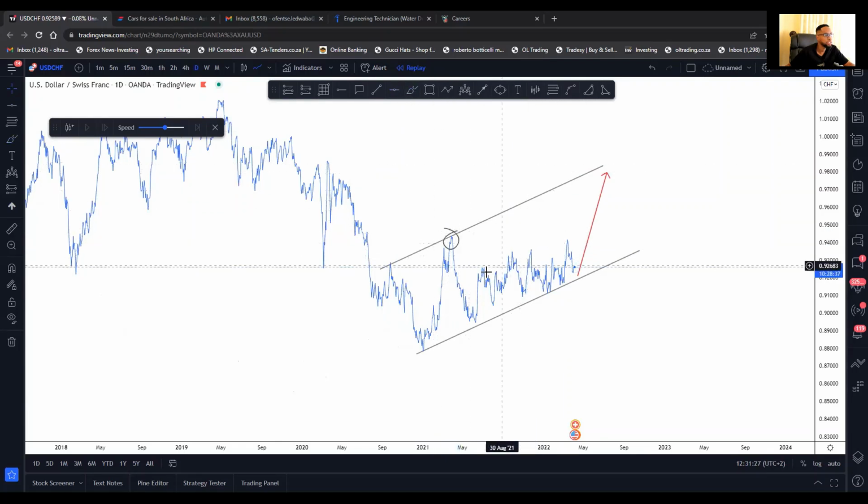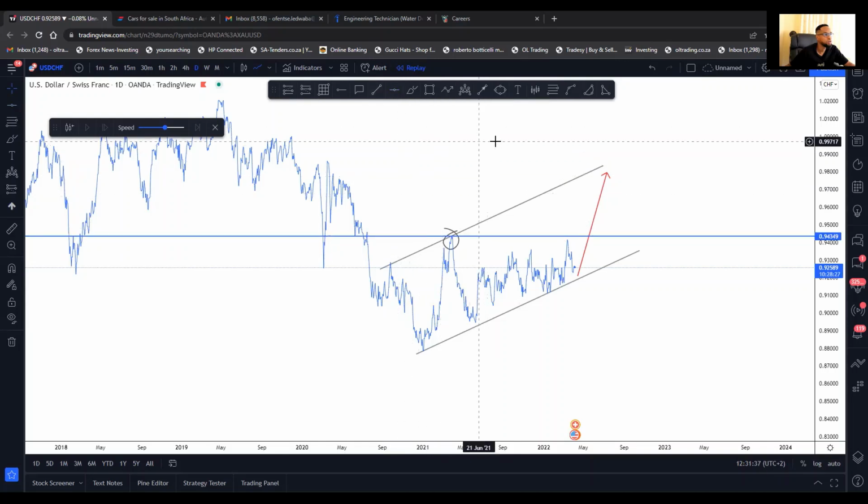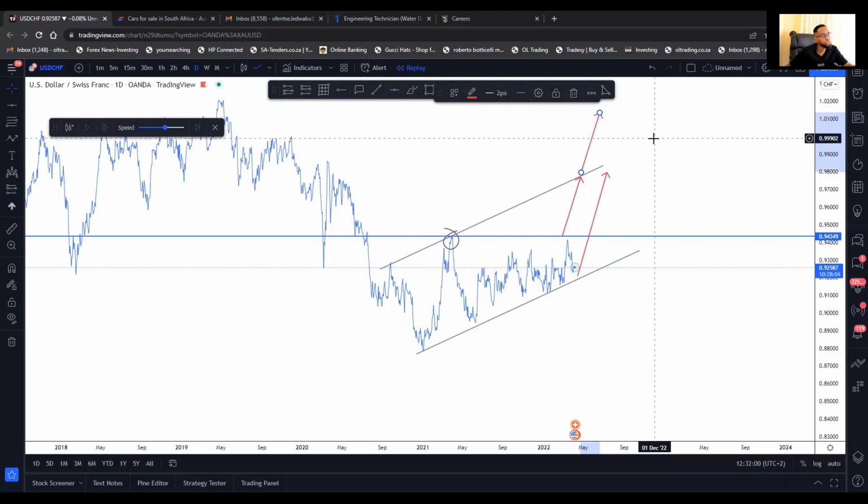So if this high is broken, we're gonna have a bigger move to the upside. Understand? So this high is significant because you can see it pushed here and then the market stayed below it. So this for me will be the decider of whether we are going further up.